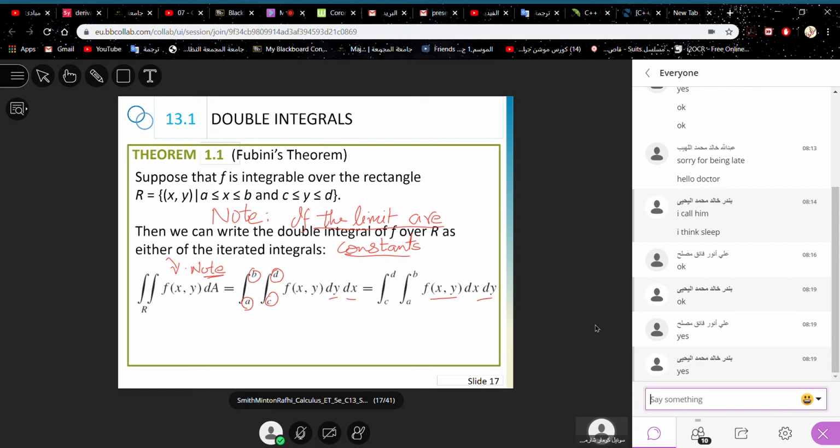But this is in case when your region is rectangular, meaning you have constant limits. In this case we use this. Okay, only in case of constants.